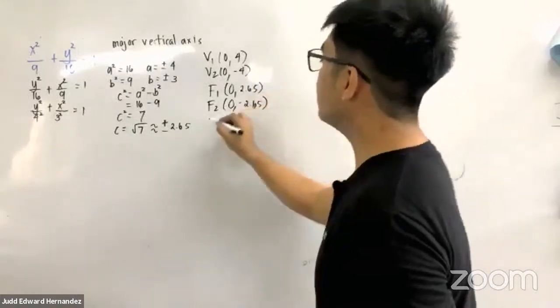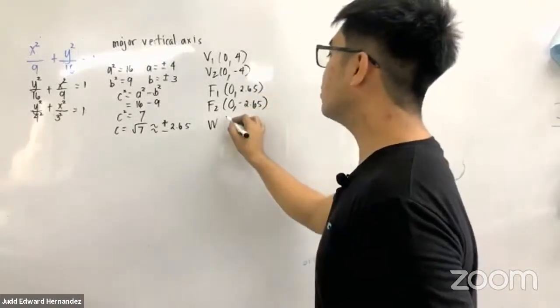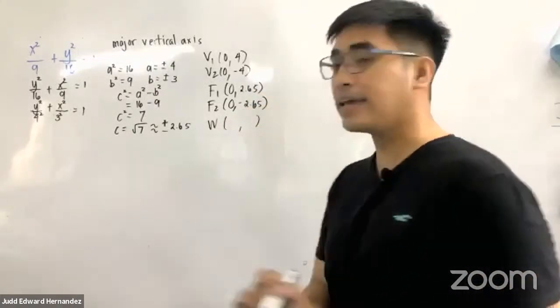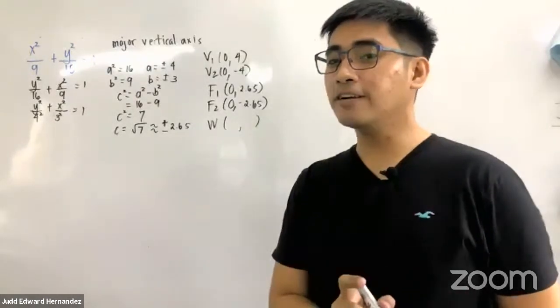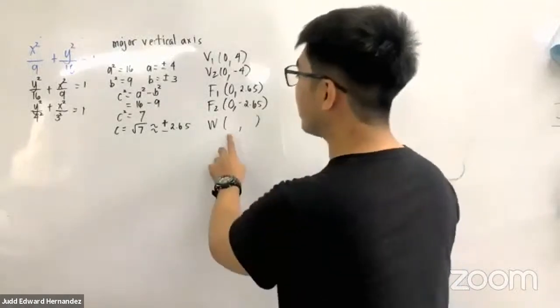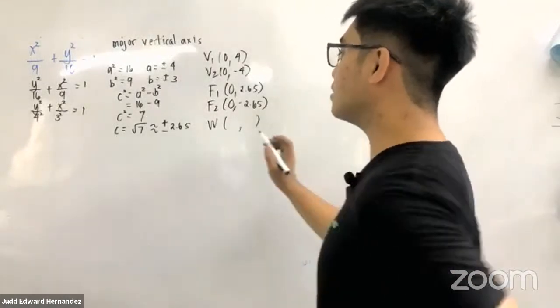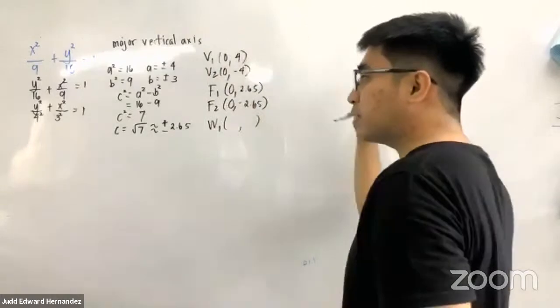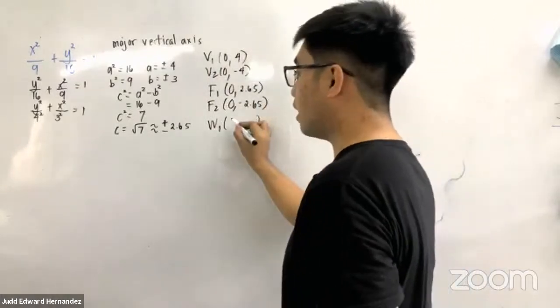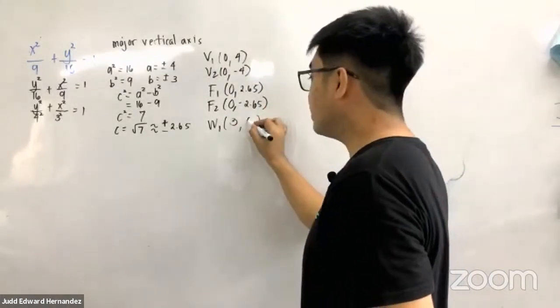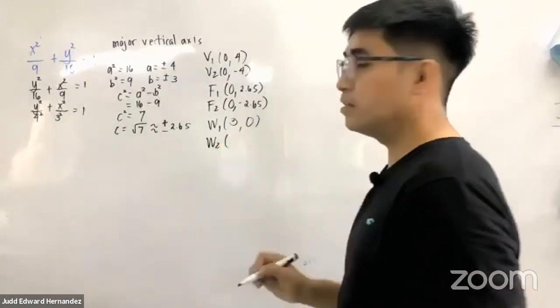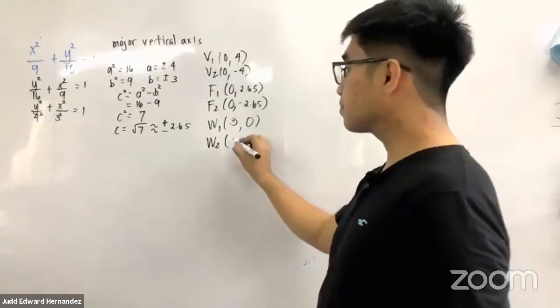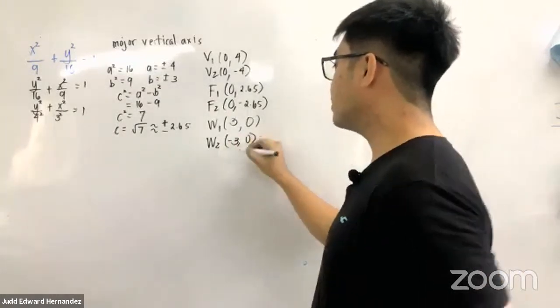Asaan naman ngayon si W? Sinong gagalawin natin? Si X or si Y? X po. Okay. Kung si X yung gagalawin natin, therefore, what would be W1? Pakanan muna tayo kay W1. Kay W1, that becomes 3 and 0. Tama? Si W2, it becomes negative 3 and 0.